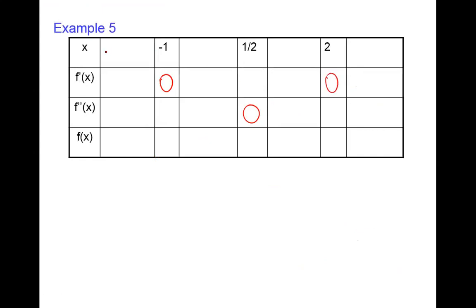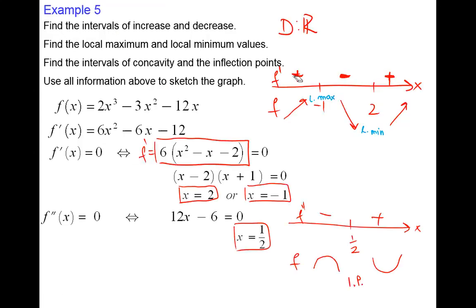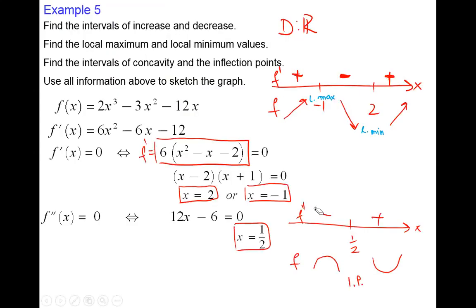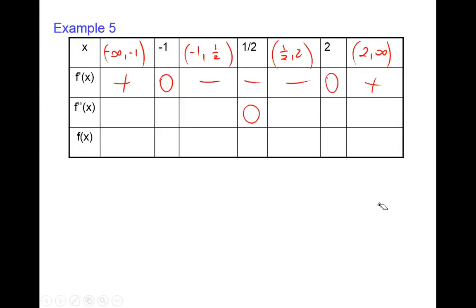The intervals are from -infinity to -1, from -1 to 1/2, from 1/2 to 2, and from 2 to positive infinity. Let's check: positive, negative, positive for the first derivative. And the second derivative was negative on the left, positive on the right.